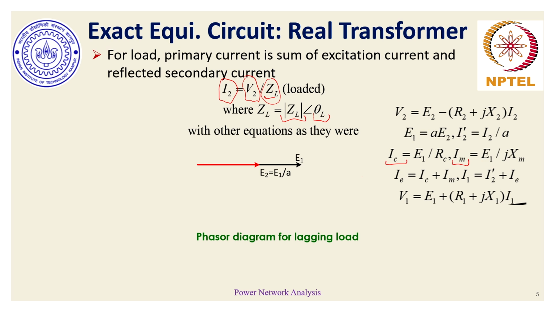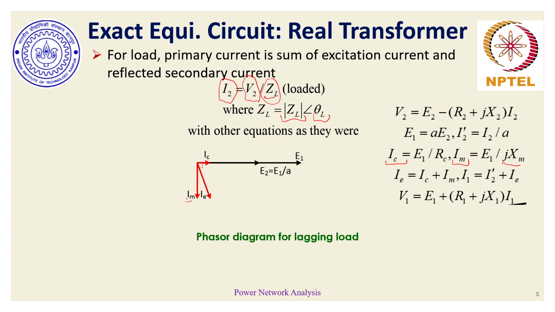So the next step would be to mark these currents, and IC is nothing but E1 by RC. RC being a resistive component, for a pure resistor, current and voltage are in phase. So IC is in phase with E1, whereas for a pure inductor, with jXM, the current would lag the voltage by 90 degrees. So we have IM marked here in this manner.